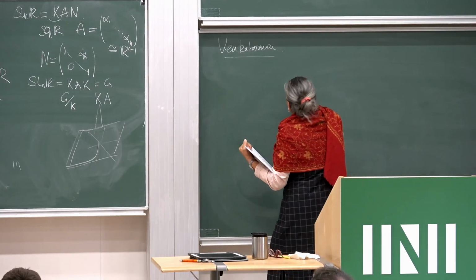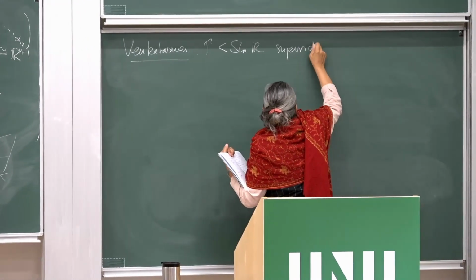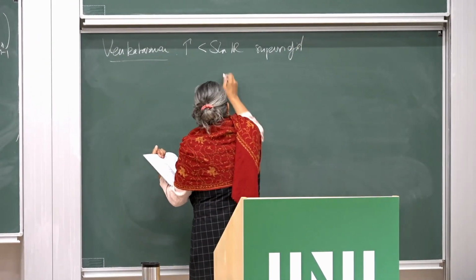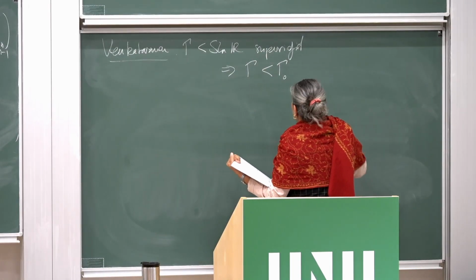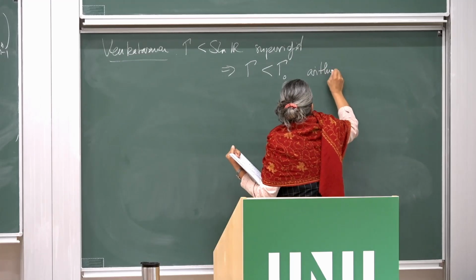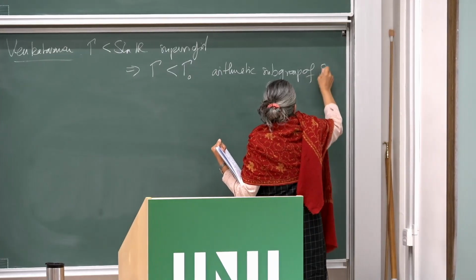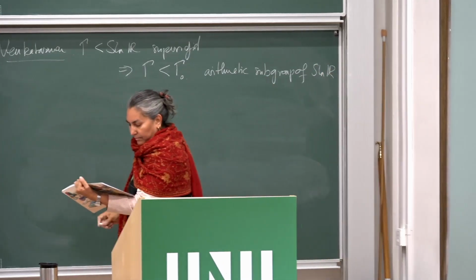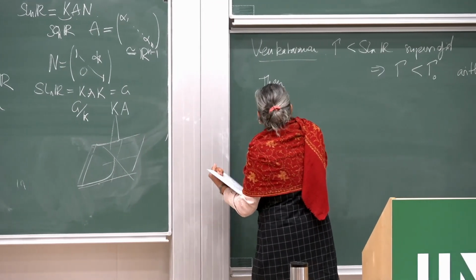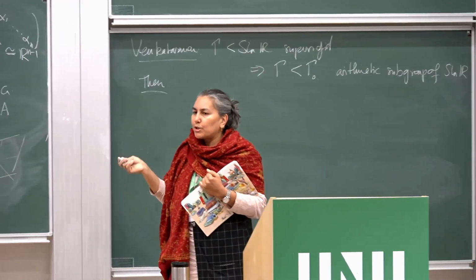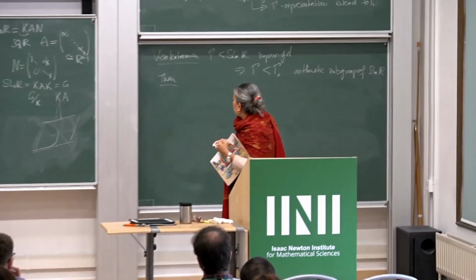Venkataramana tells you that if you have gamma in SLNR that is super rigid, then gamma is a subgroup of an arithmetic subgroup of SLNR. Once you have that, this condition shows you that it works well for SL3 contained in SL4.